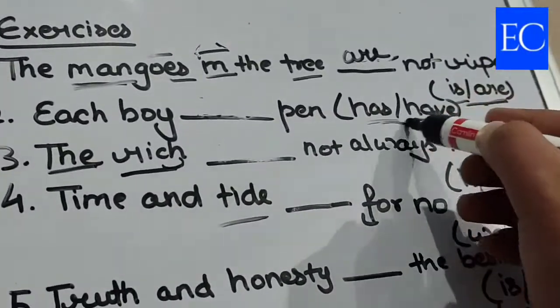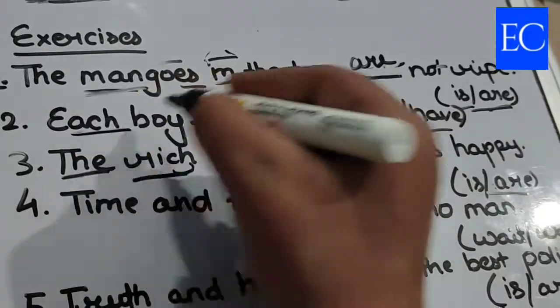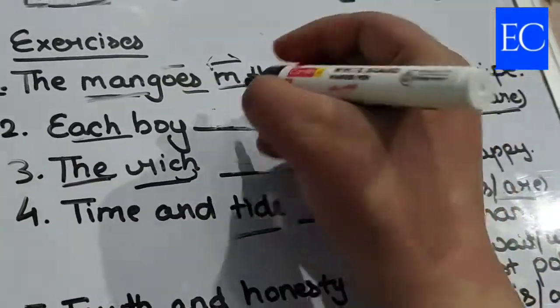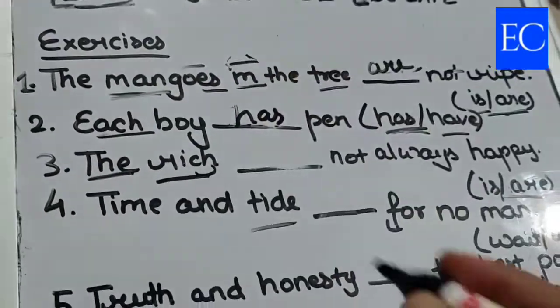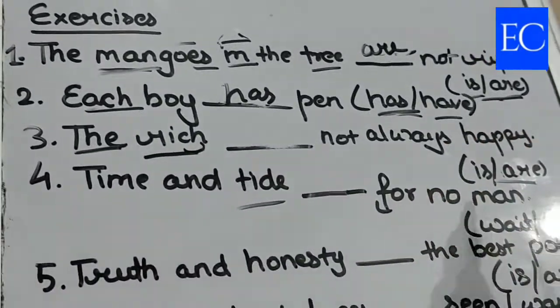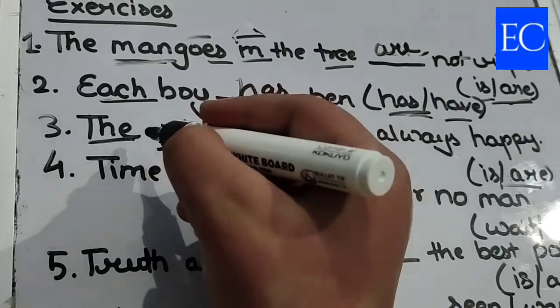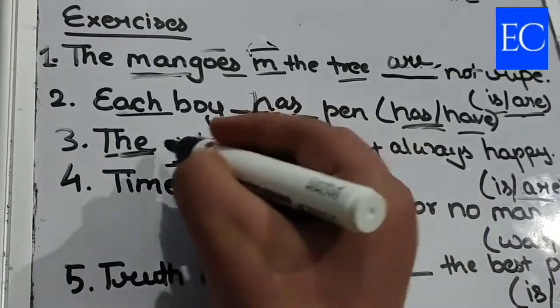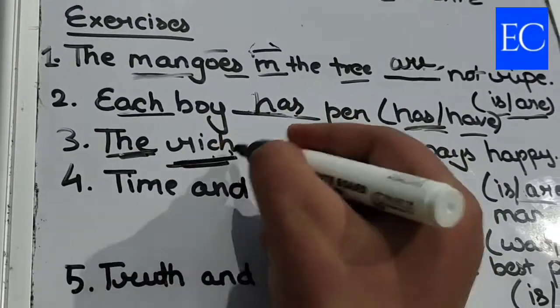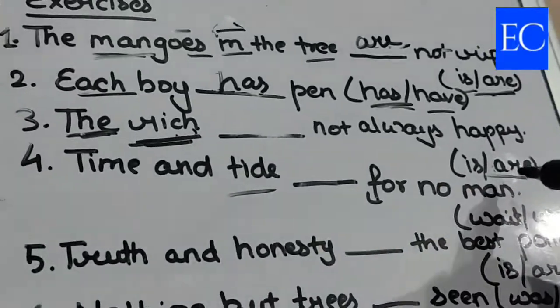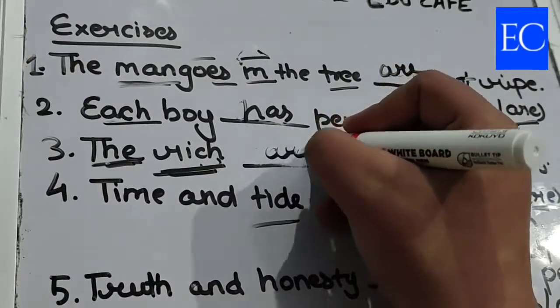Options are "has" or "have". We know that "each" always uses a singular verb, which is "has", and we have to put "has" in this place. "The rich dash not always happy." The options are "is" and "are". We know that when the sentence is in the form "the" plus an adjective, rich being an adjective, it will always use a plural verb, which is "are".